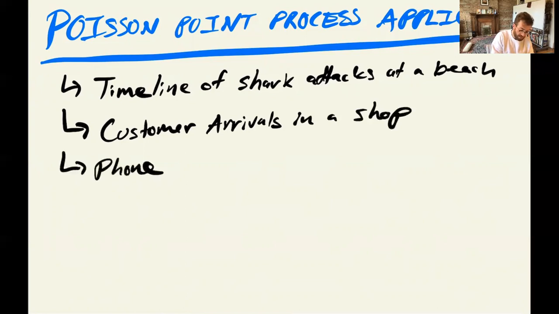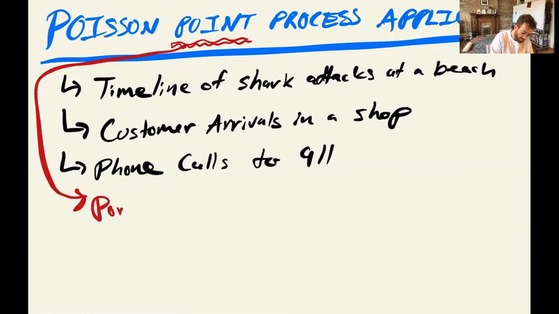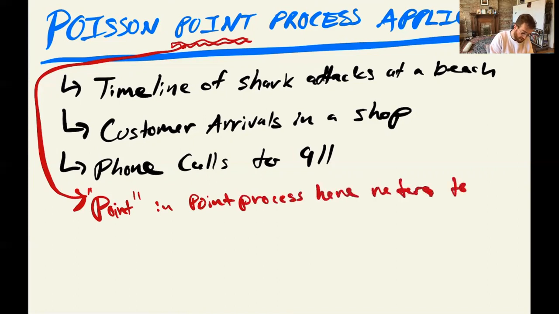And additionally, phone calls to 911. And just to give you an understanding of where this point comes from, the point in point process here refers to the point in time of the event.